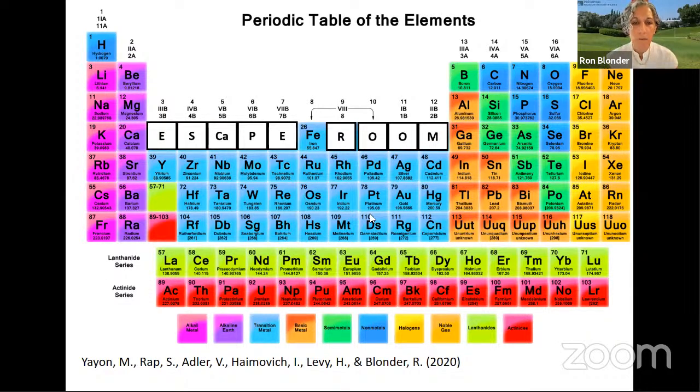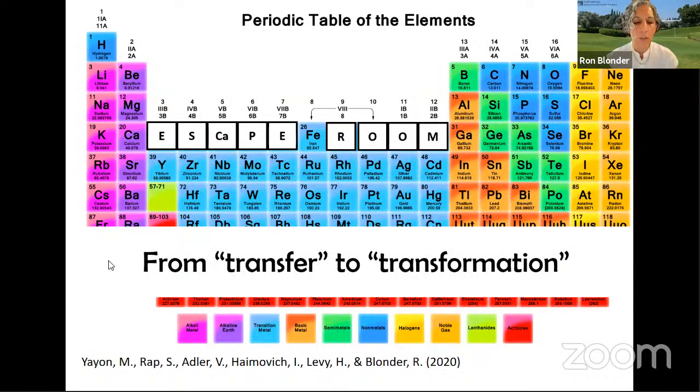But fast enough, we realized that if we transfer the original activity that was done face-to-face to the digital space, we will lose a lot of the good components of the escape room. So we decided, instead of transfer, to do a transformation and to use new design principles that maintain the good quality and the good things that they can benefit from the escape room.